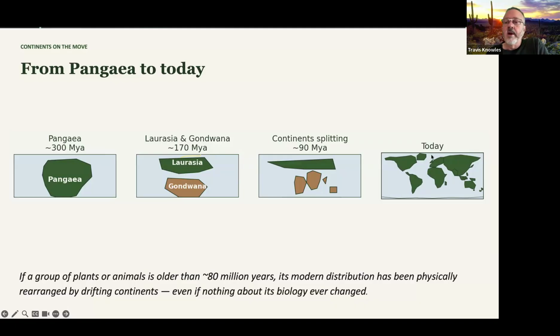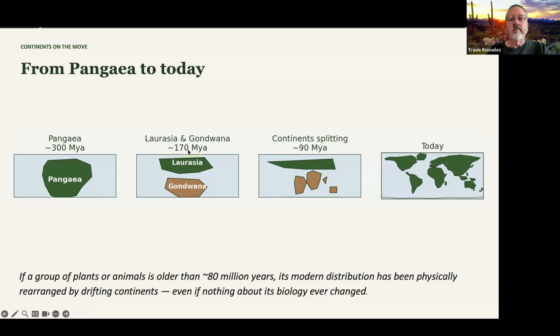Over on the far right here is the rough distribution of today's continental land masses. You can see that about 300 million years ago, all these land masses were crunched together in a single giant supercontinent, named Pangaea.